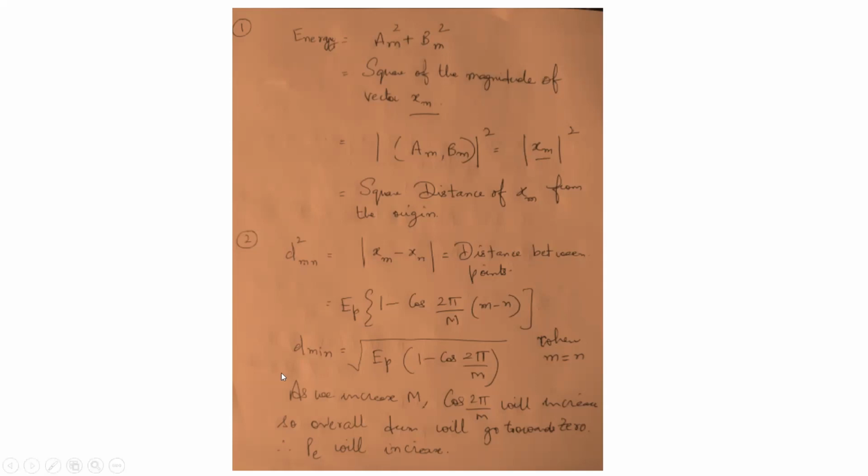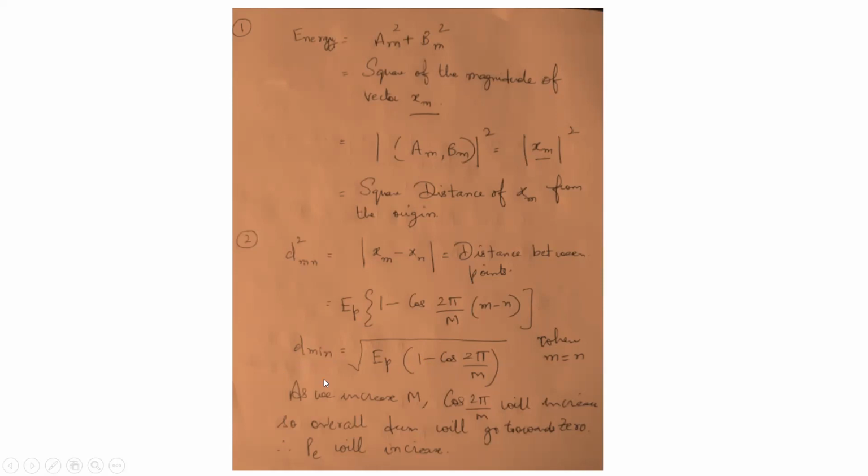But as we increase capital M, cos 2 pi by capital M will also increase, will go towards 0, because the argument of cos will go more towards 0. So this cos term will increase, 1 minus cos term will decrease, and so we will get the minimum distance decreasing.